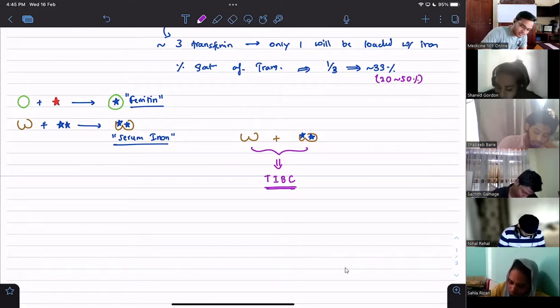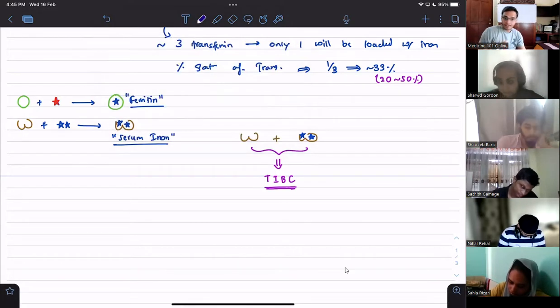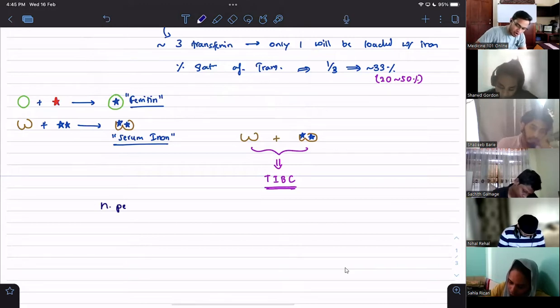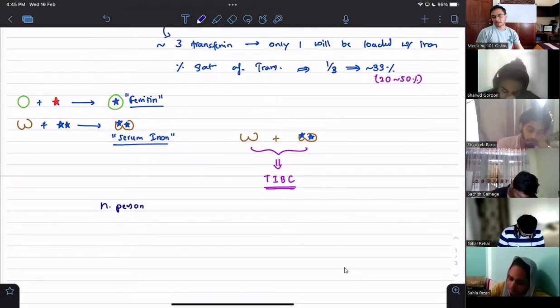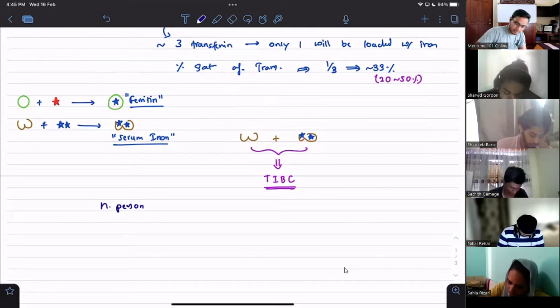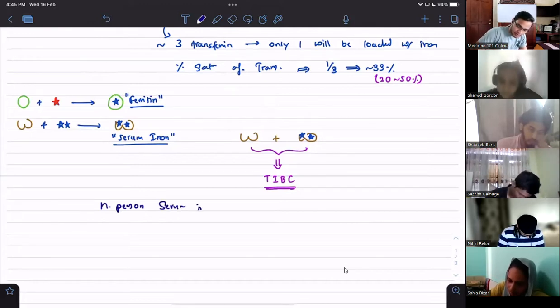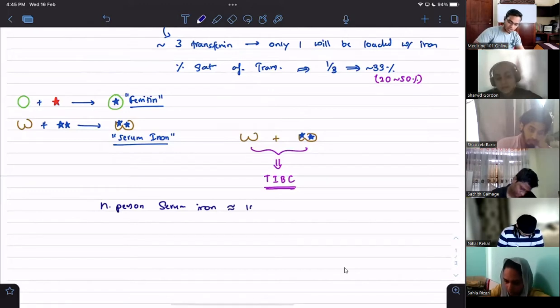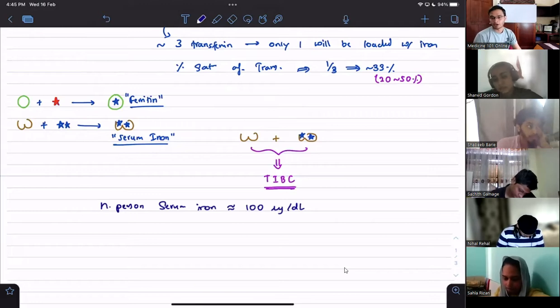Now look at this. I'm asking you all the question. In a normal person, the serum iron is about 100 microgram per deciliter of blood.